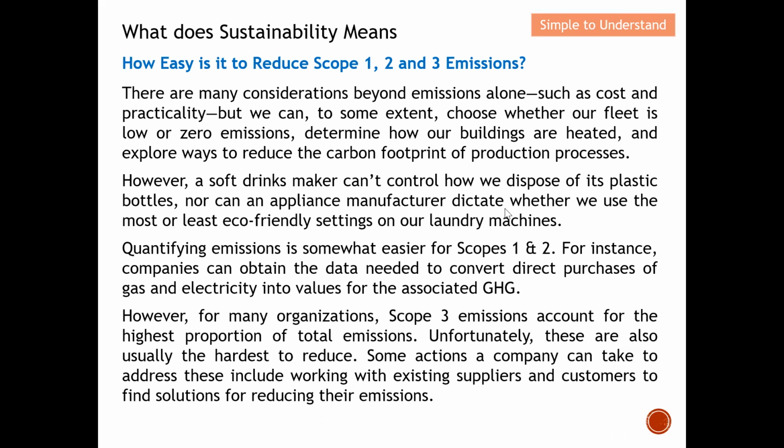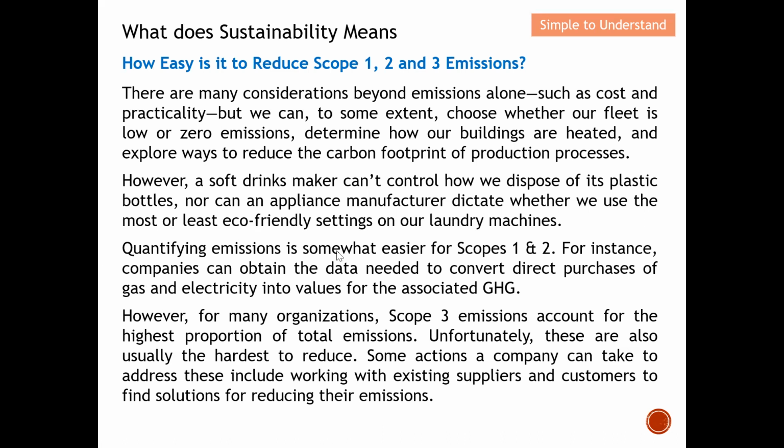You can go to a retailer that sells laundry machines, but they can't force you to buy the most energy efficient one. They can't enforce you to only buy this laundry machine. Because of this, it falls under scope 2, which you don't really own and can't really control.